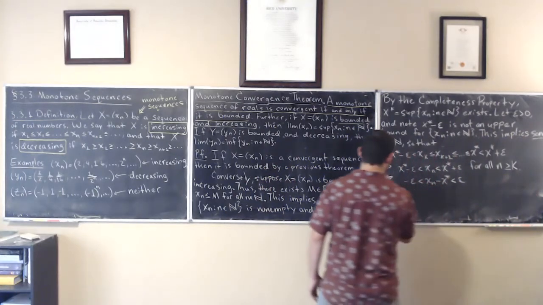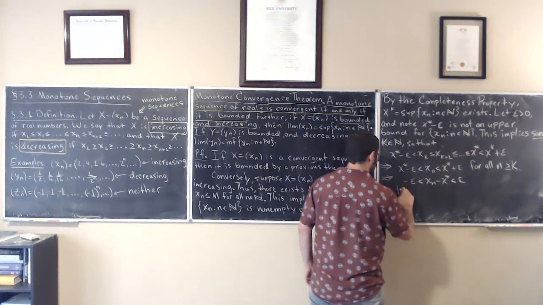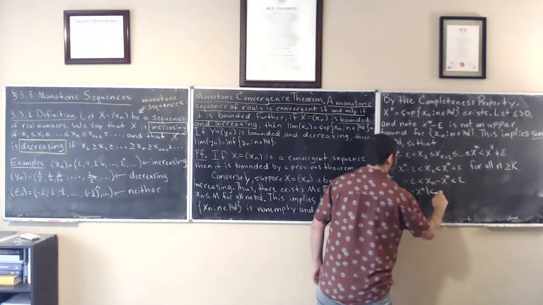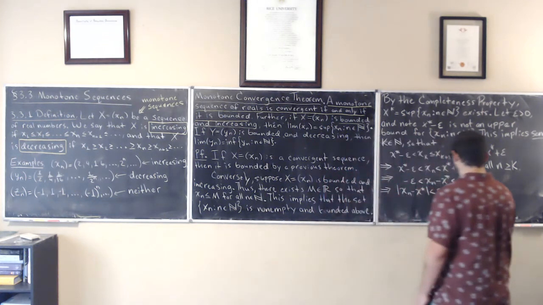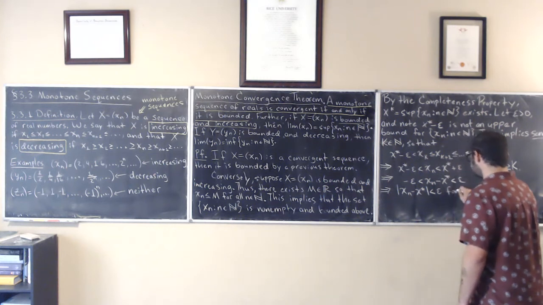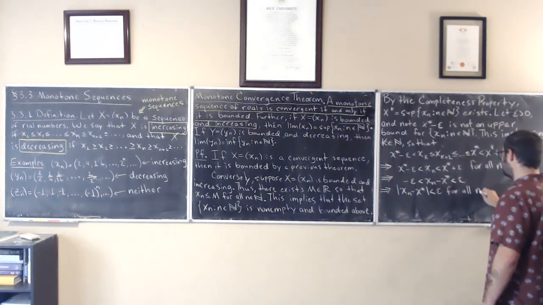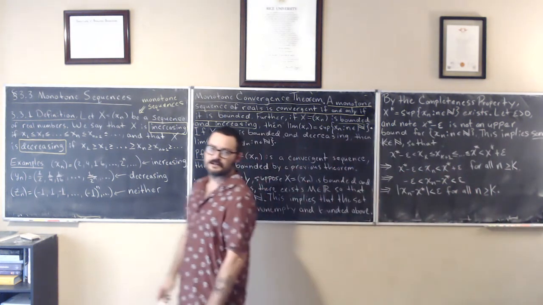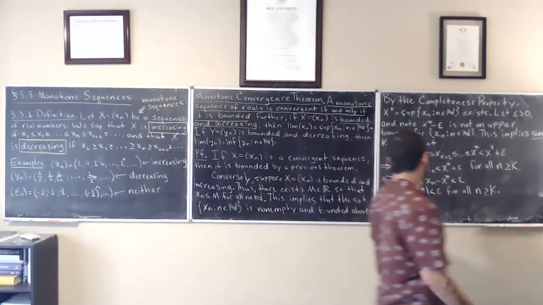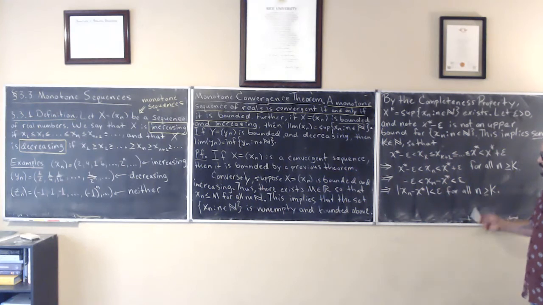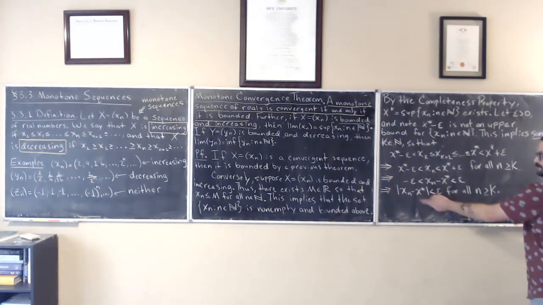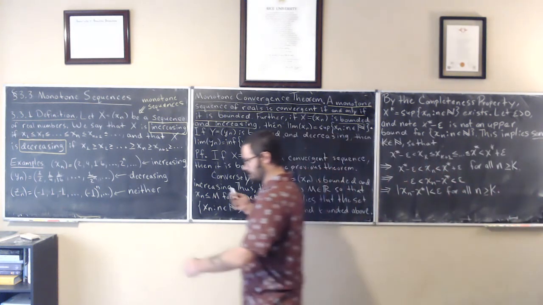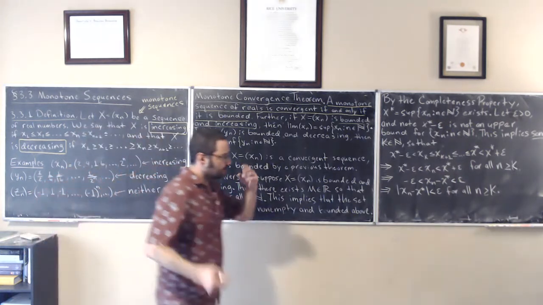Which in turn implies that x n minus x star in absolute value is at most epsilon for all n greater than or equal to k. And that's the definition of convergence. We picked an arbitrary epsilon and we found a k so that the distance from the sequence to x star is at most epsilon for any choice of epsilon. That shows convergence.